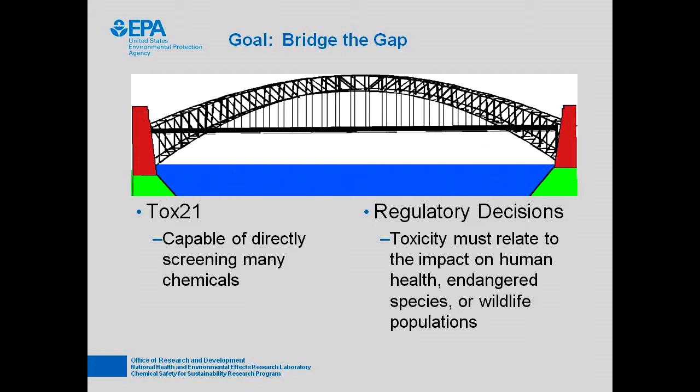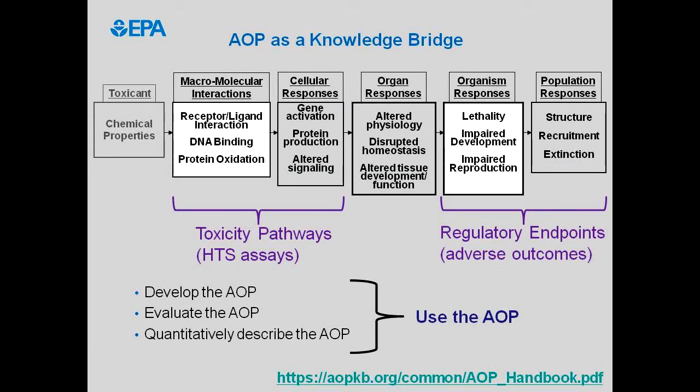I really look at AOPs as a means for bridging that gap. You've seen this already, but this is the idea of toxicity pathways as they were defined in the 2007 NRC report, and the regulatory endpoints.